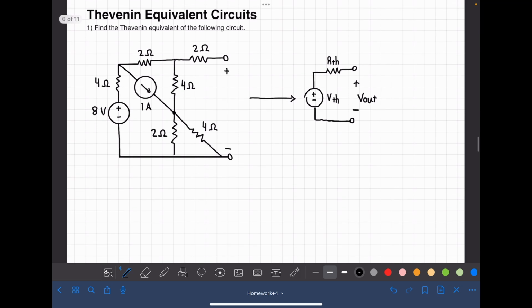Alrighty, so there are a couple methods of going about this. For finding V Thevenin, or Thevenin voltage, what you want to do is find the open circuit voltage across the terminals.